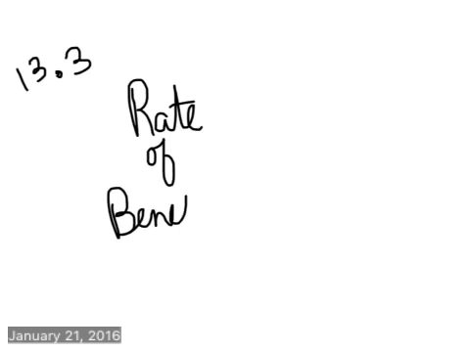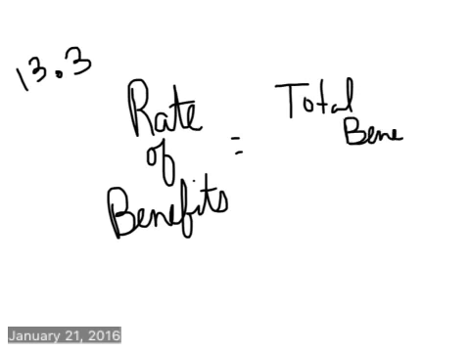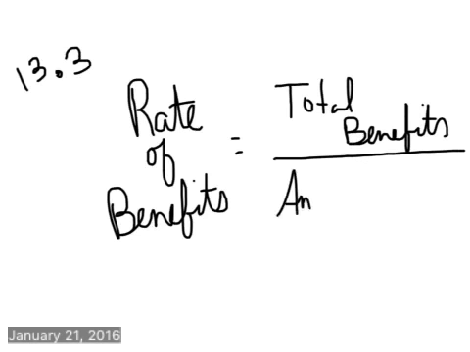The formula for this one talks about the rate of benefits. Anytime you have a rate, you're going to deal with it as a percentage. So the total benefits, which means you're going to have to add, and then you divide it by the annual gross pay.